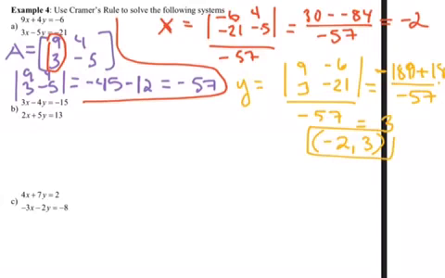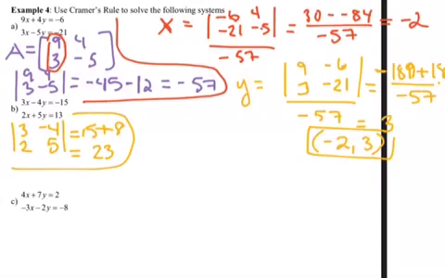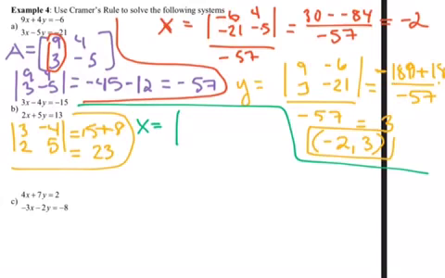I'm going to do one more for you, and then you'll try the last one yourself. Okay, so I'm going to find the determinant first of the coefficient matrix. That's 15 minus negative 4 times 2, so it becomes plus 8, and I get 23. Okay, so now my solution for x, replace the x variables with the solution.